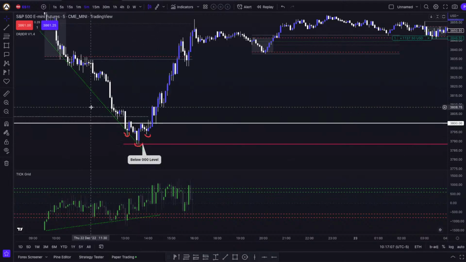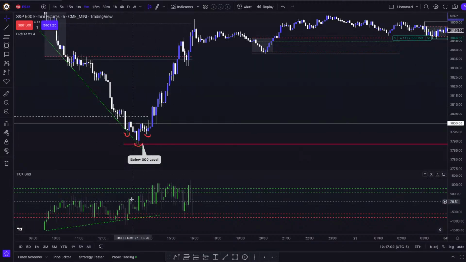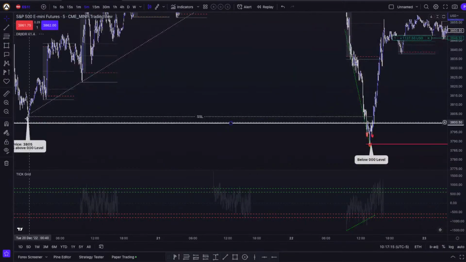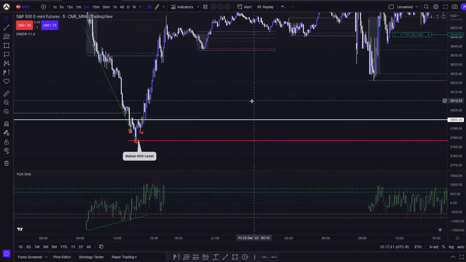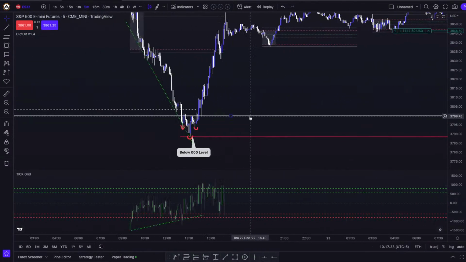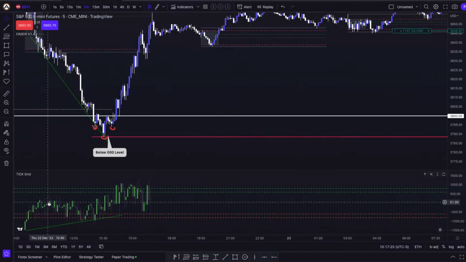So especially with the tick grid, with all this confluence of our 000 level, a key level with our sell side liquidity from Tuesday the 20th of December, if you would have seen this pattern in confluence with this tick grid, I'd say the bias or the confirmations were there to take this trade long below the 3,800 level or on its way down.